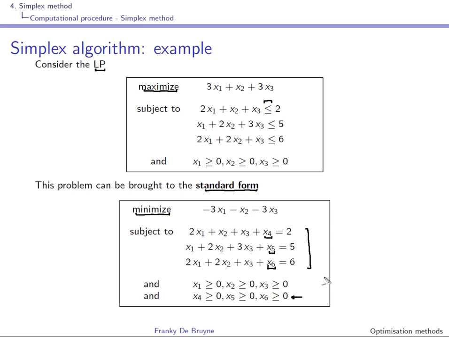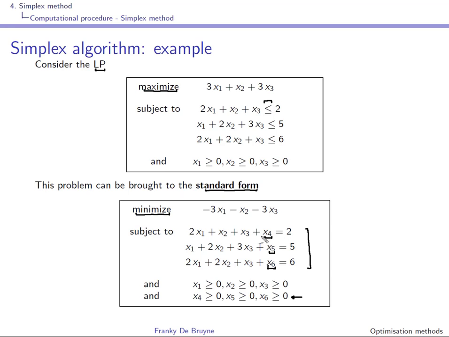And in this case, it will be quite easy to find an initial basic feasible solution. This is the case every time you have constraints of the type smaller or equal. If all of the constraints are of the type smaller or equal, you'll have a slack variable in each of the constraints, and by definition a slack variable will only appear in its corresponding equation.